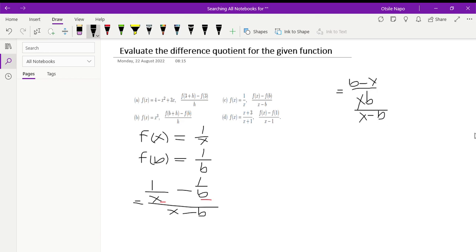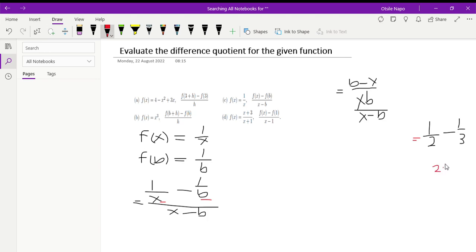So let's look at 1 over 2 minus 1 over 3. Trying to find a common factor, let me use red. Here we will multiply 2 and 3.